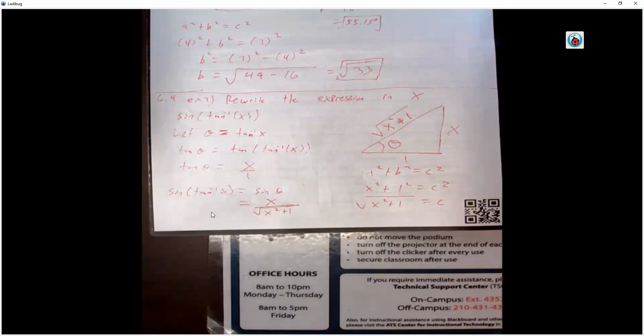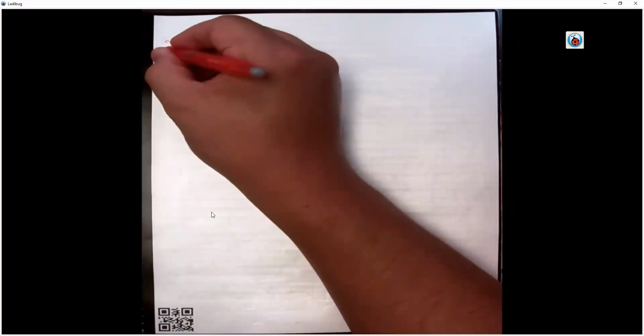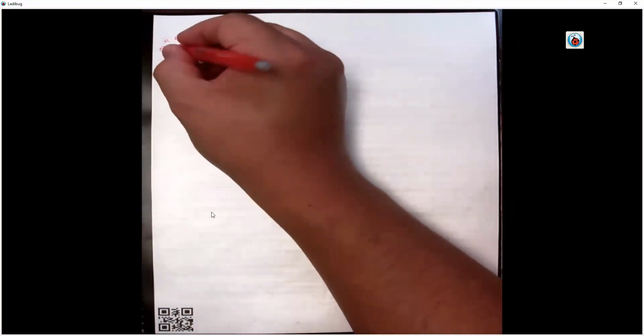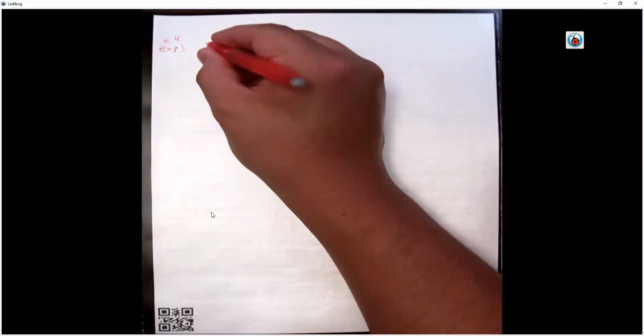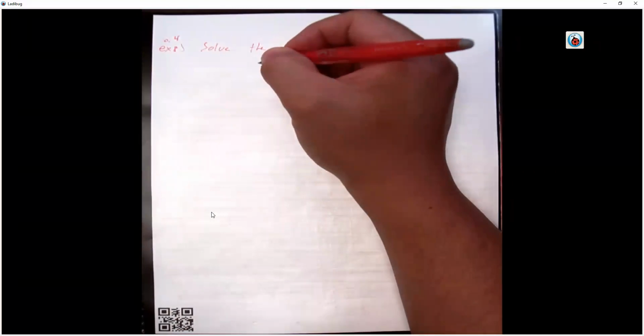Let's see, 6.5. You guys okay on this page? All right. So I've decided I'm not going to give you a question with 2 triangles.